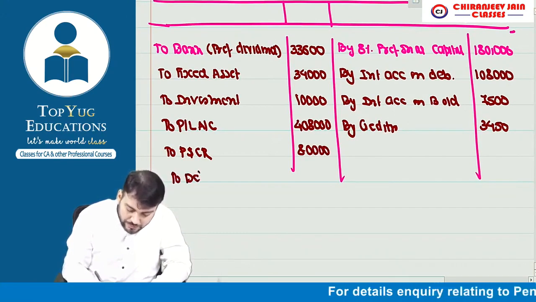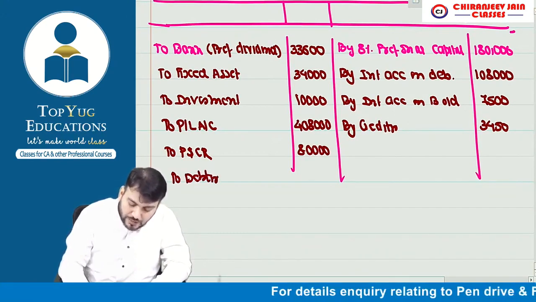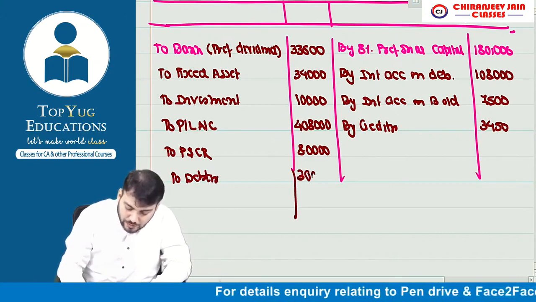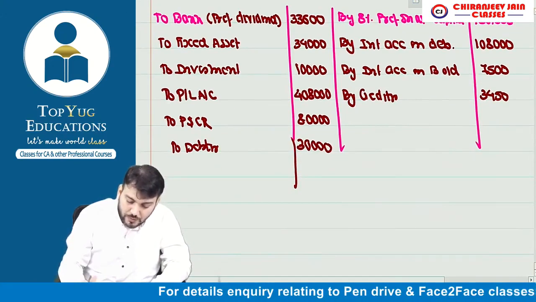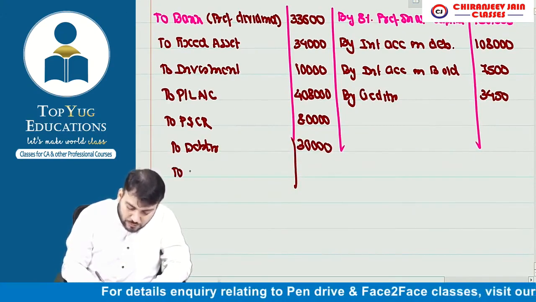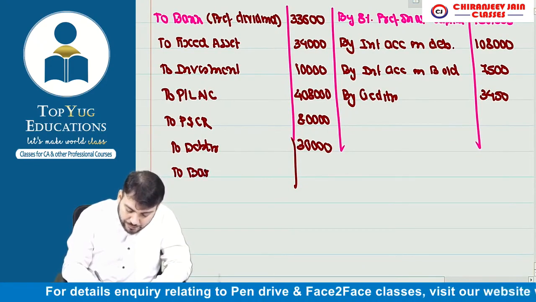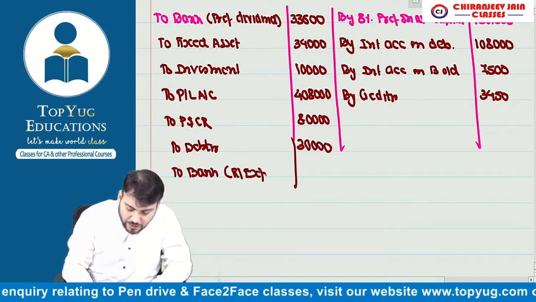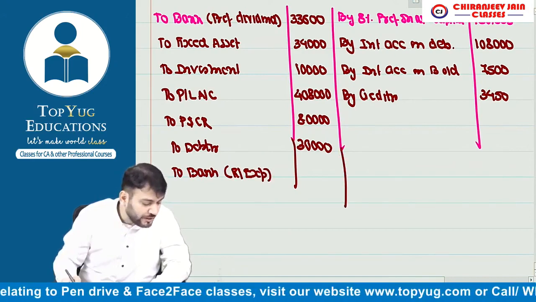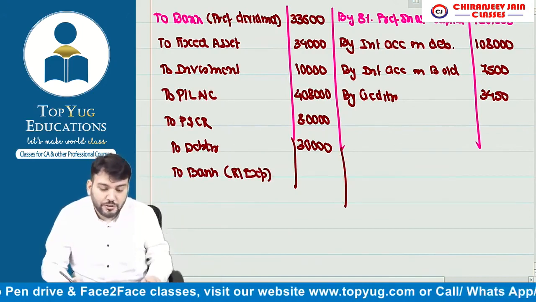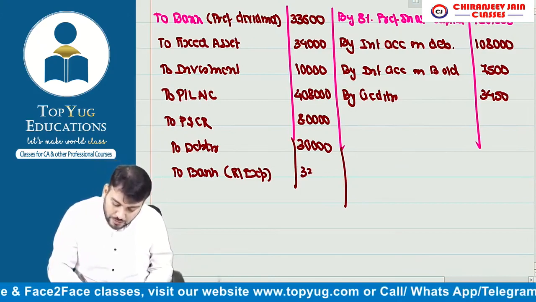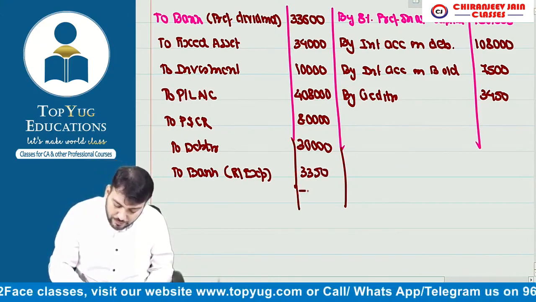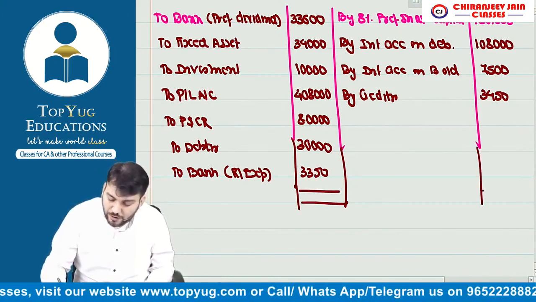To debtor, कितना? 30,000. Then to bank, reconstruction expense, कितना था? It is 3,350.